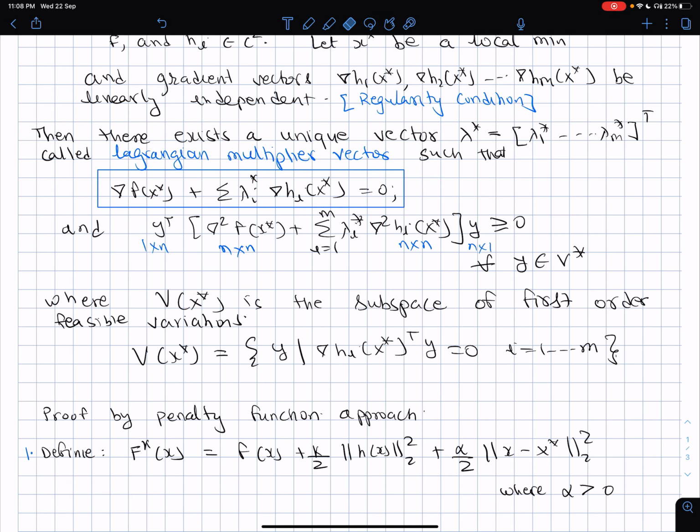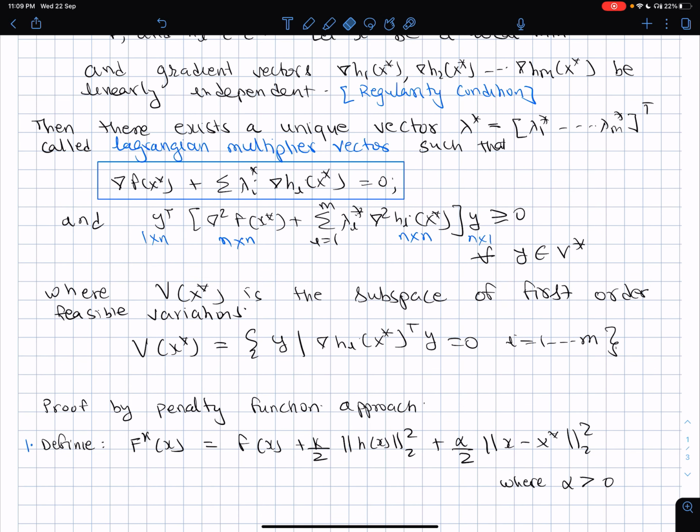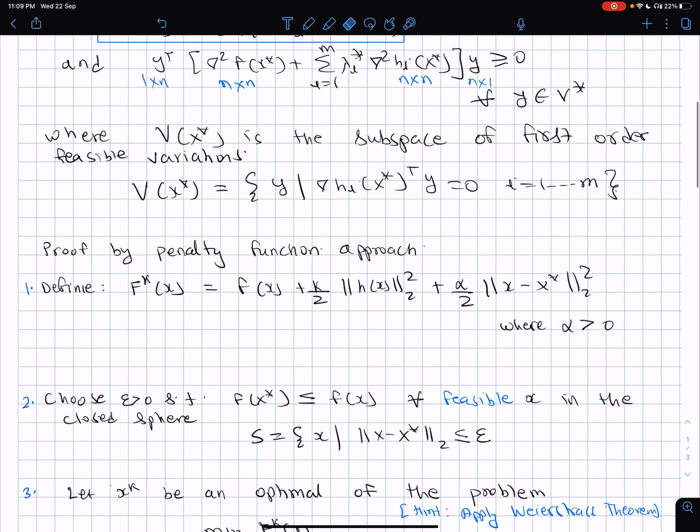So this is my first order condition that I want to prove today. The gradient of the objective function is a linear combination of the gradients of the non-linear constraints evaluated at x star, which is a given local minimum to the problem.